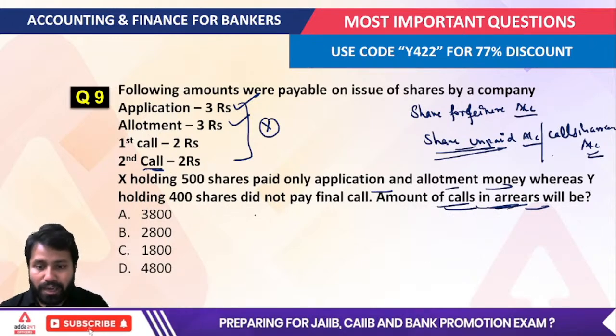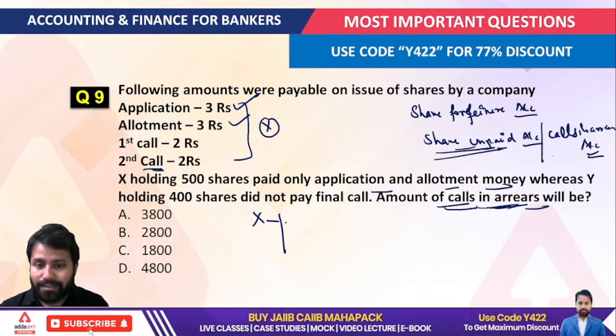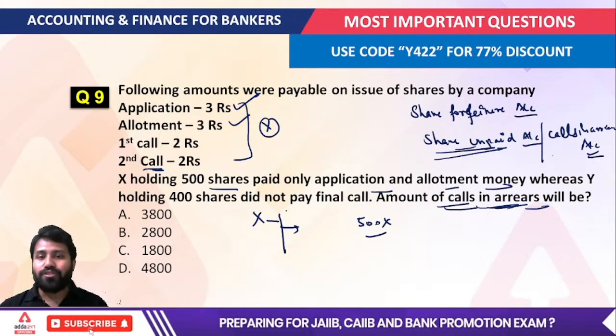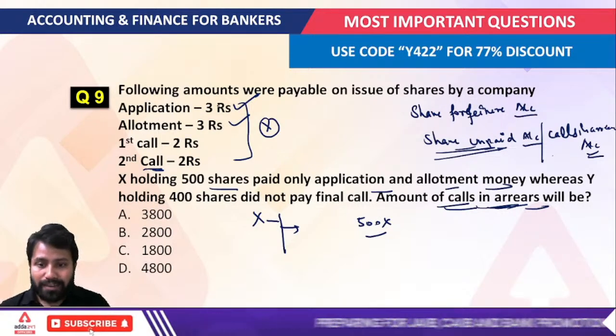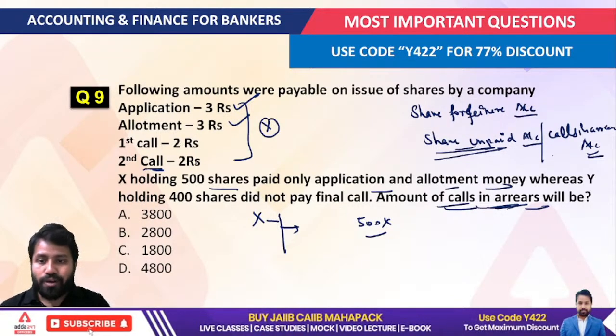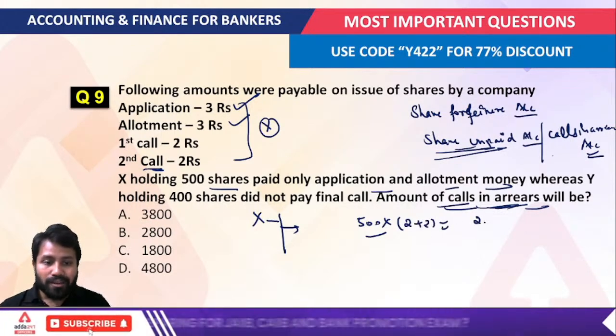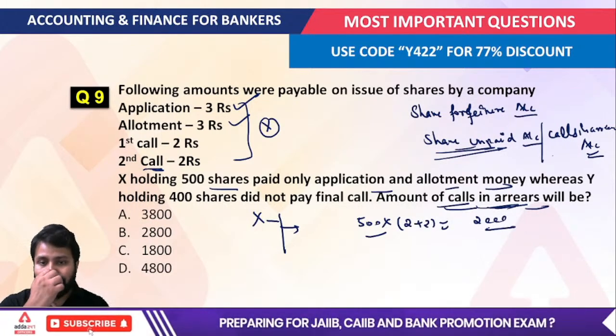Now if I'm talking about the particular person X, X holding 500 shares, and the amount not paid by X, then you will say X has not paid the first call and the second call, amounting to 2 plus 2, that is 4. That means the amount of calls in arrear for X is 2,000 rupees.